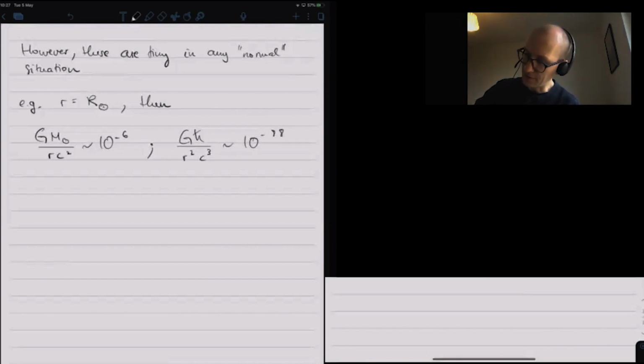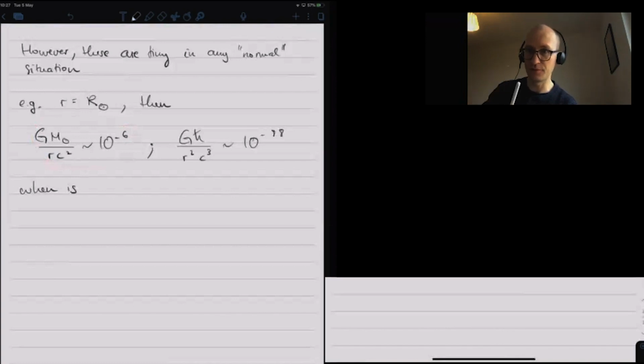But what we can ask, of course, is: relativistic effects, yes, we have a chance of measuring them, and of course we are, but quantum effects, we're not measuring them on Earth, of course. We can hope to measure them in astrophysically relevant objects, I should say.